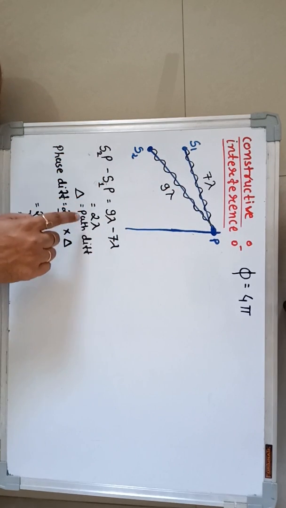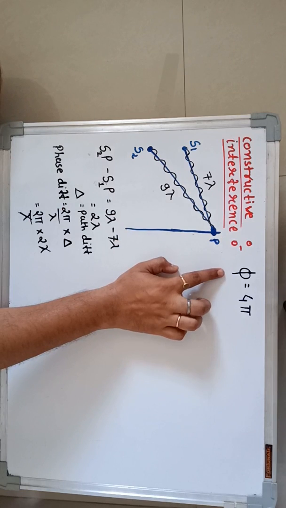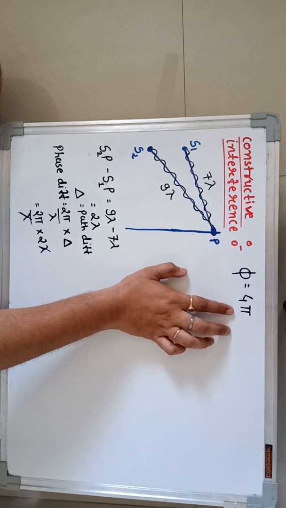S2P minus S1P is equal to 2 lambda. From the path difference we calculate the phase difference, and phi is equal to 4 pi.